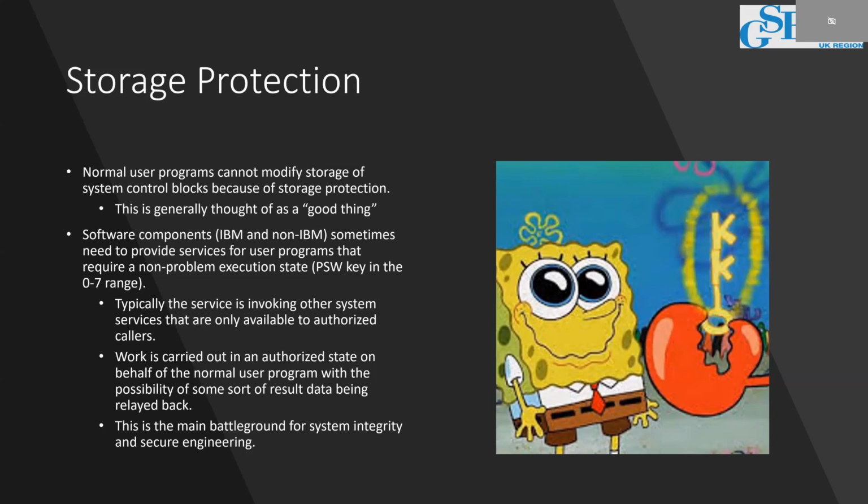So work is carried out by that authorized service on behalf of that calling bog standard Joe Schmo program, and then we might have to return some sort of response back to that guy. Maybe it's a return code, or maybe sometimes it's to return some actual answer data in a user provided buffer.